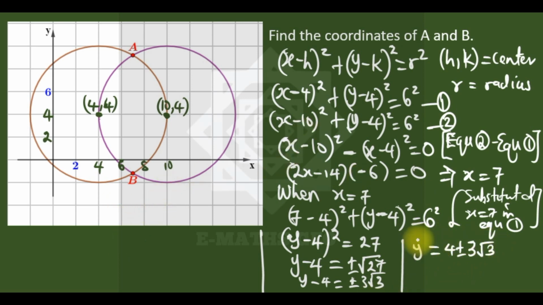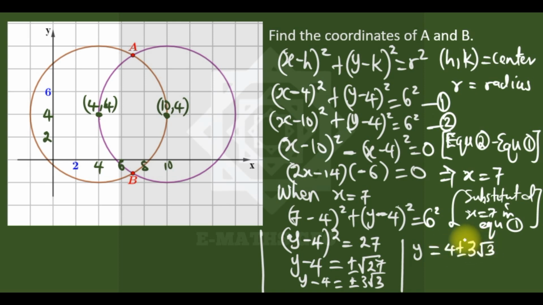So we've gotten the value. y has two answers, either 4 plus 3 root 3 or 4 minus 3 root 3. Common sense tells you that for A we take the positive part.